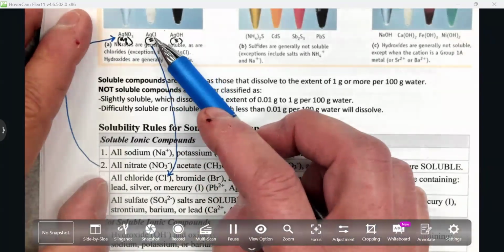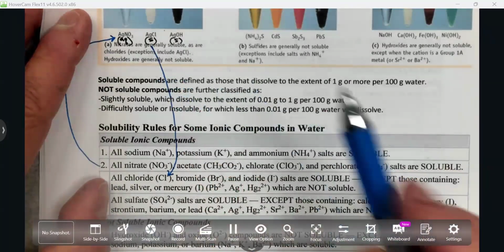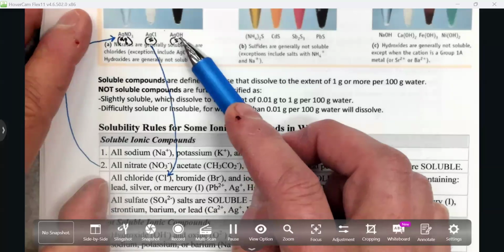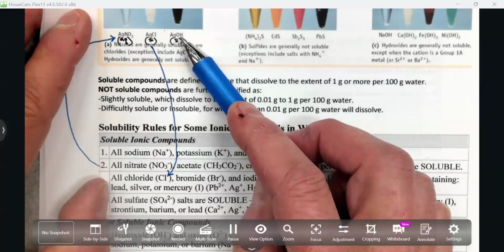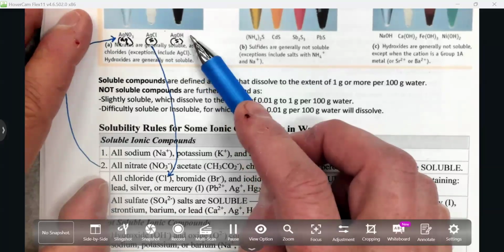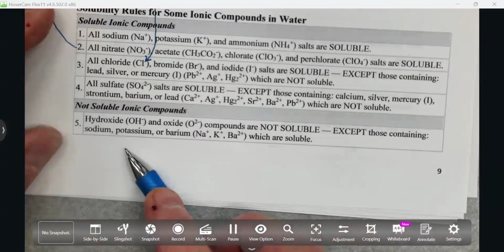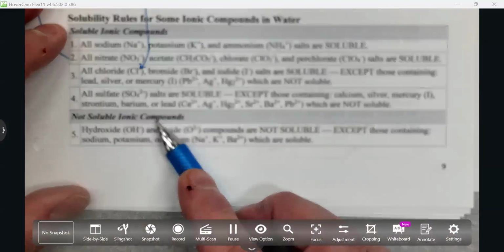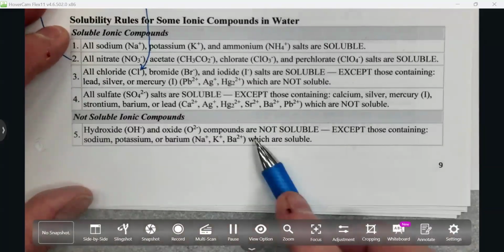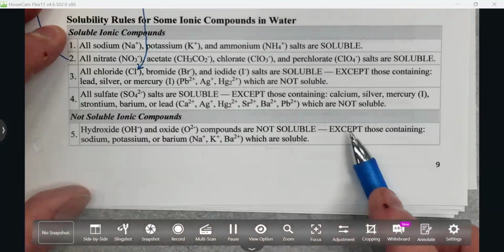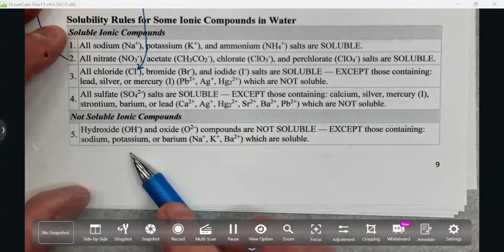Otherwise, if you have a chloride, boom, boom, boom, it's soluble. This OH, what is OH? OH is a hydroxide. So the hydroxides are down here, not soluble. Hydroxides and oxide compounds are not soluble except those containing sodium, potassium, or barium.